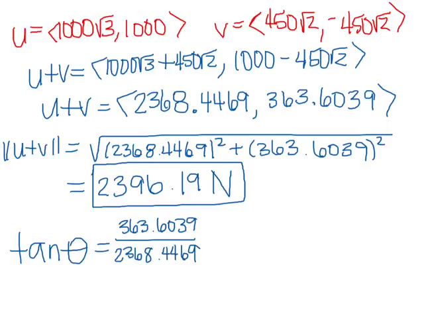So you can either do the inverse tangent using those numbers there, or some of you are going to use either the history or the store feature in your calculator. Either way, we should get an angle of 8.73 degrees.